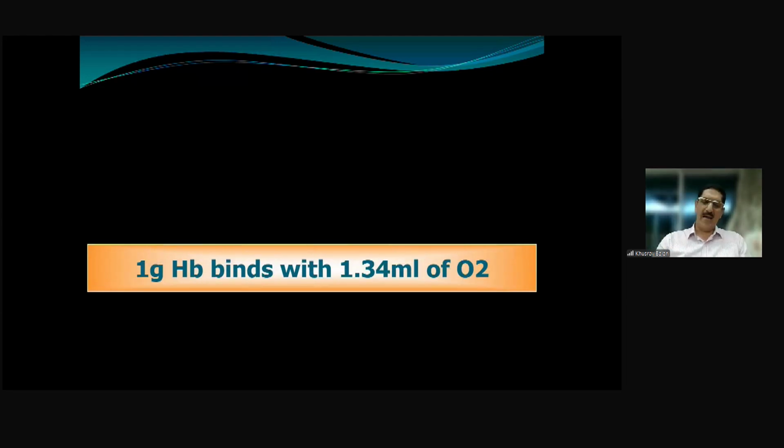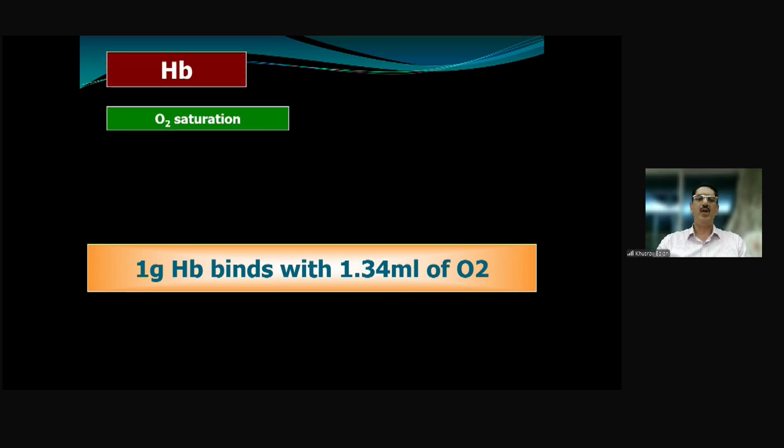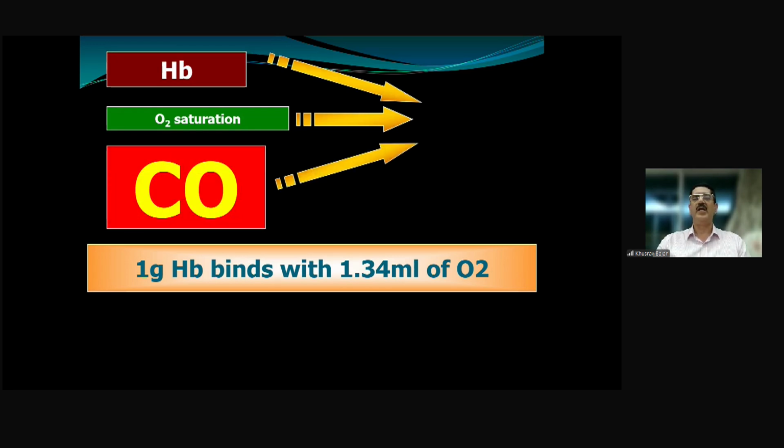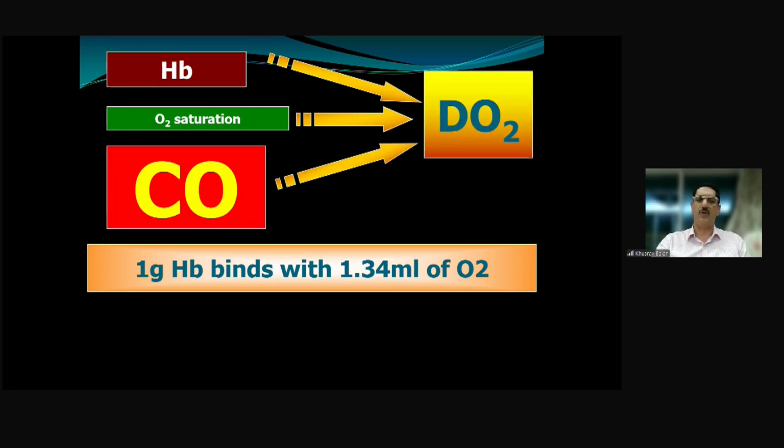Now, a little maths again because we need to understand what oxygen goes to the tissues. So 1 gram of hemoglobin binds to 1.34 ml of oxygen. We know that hemoglobin, oxygen saturation, and cardiac output put together are responsible for the delivery of oxygen. And by a complex formula, you should remember that 20 ml of oxygen is contained in 100 ml of blood.